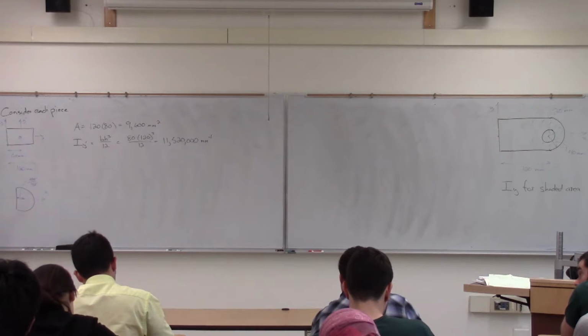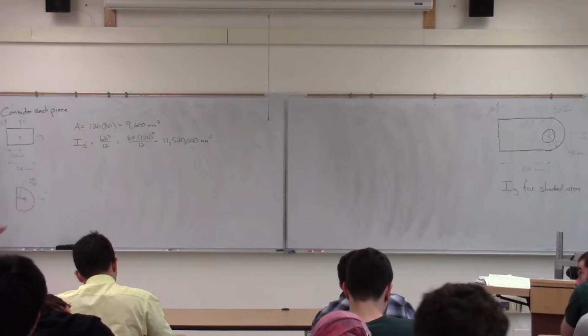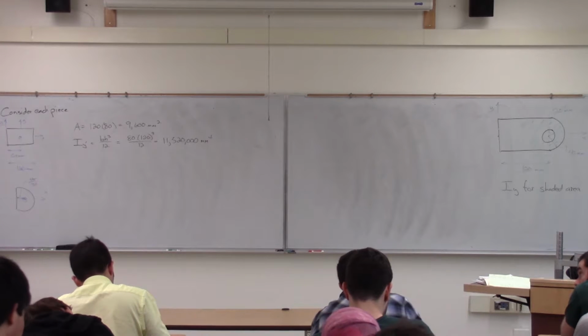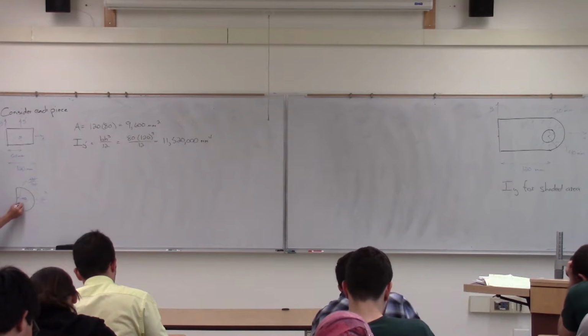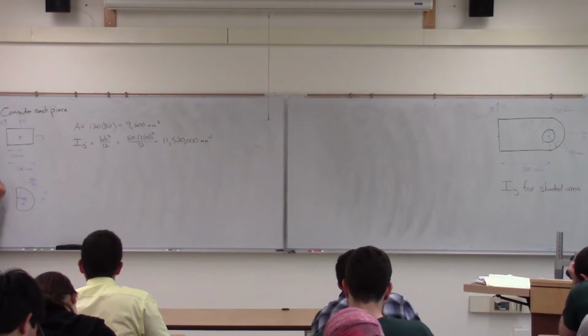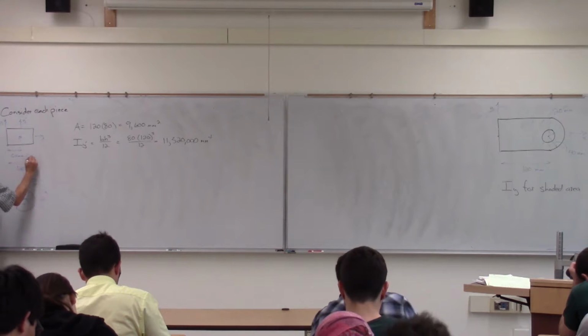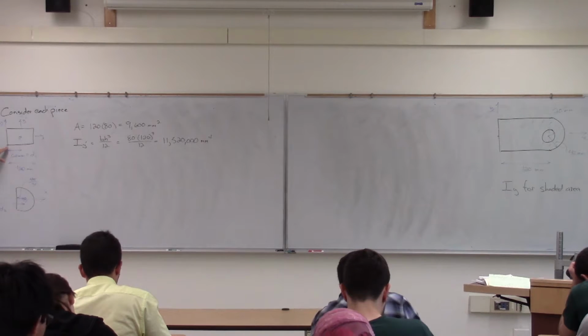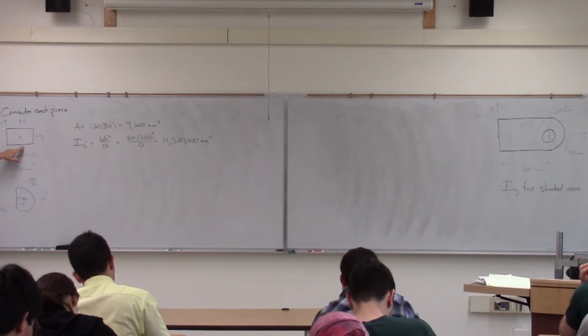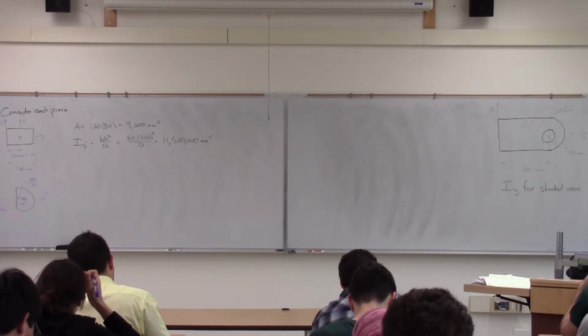Again, remember the centroid of that particular piece is going to be 4r over 3 pi. And the one thing I'll note is this is going to be our D1, because I'm measuring from the axis of y to the centroid of that section. So that's going to be my first D.